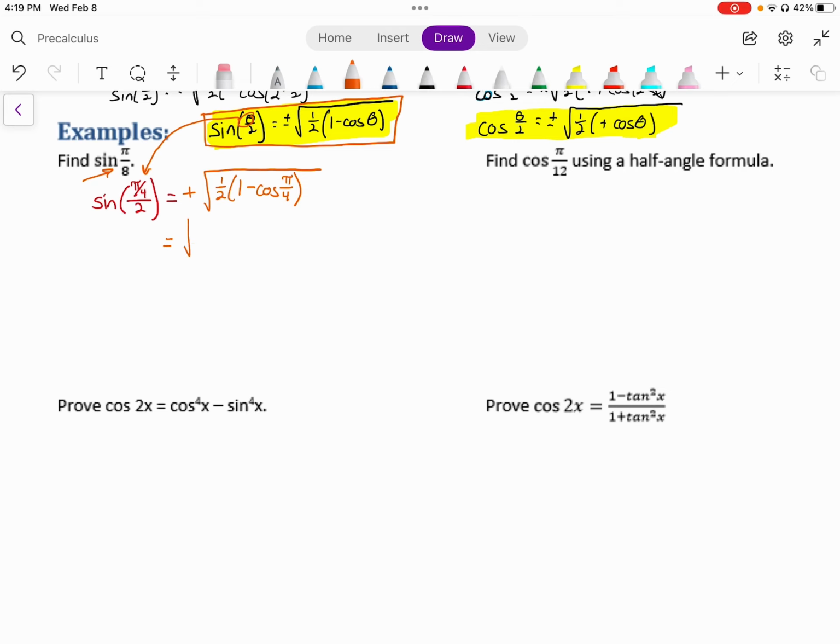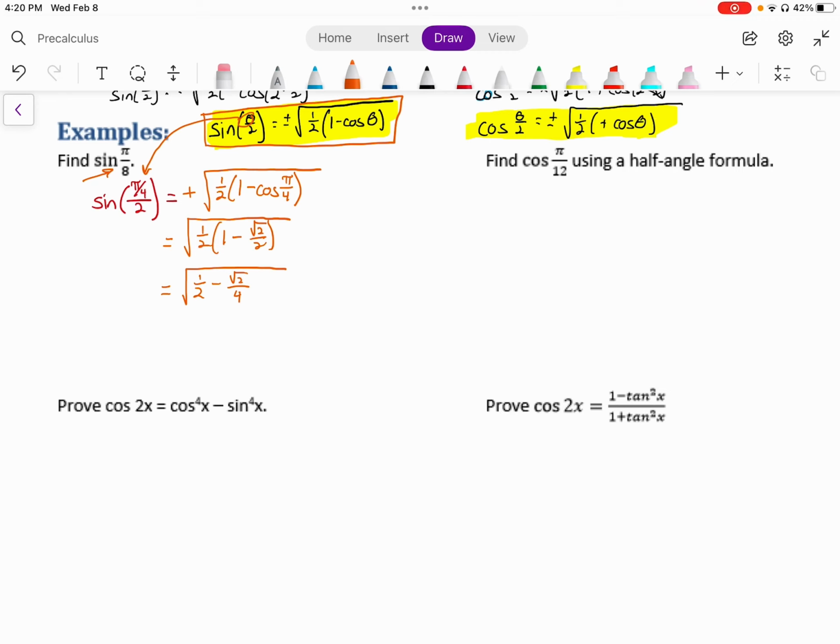So we have the square root. We'll have 1/2 times 1 minus this cosine of pi over 4, which is root 2 over 2. The rest is just simplifying. We've done radicals before. It's just a matter of simplifying. So we will distribute the 1/2, which is 1/2 minus root 2 over 4.